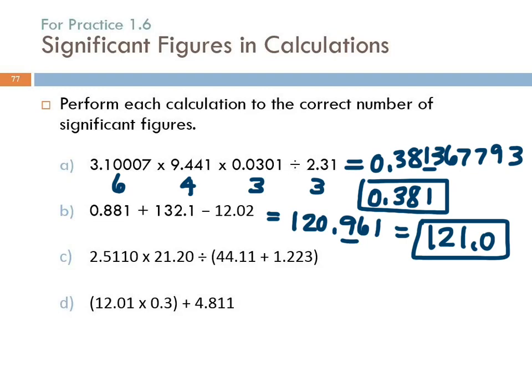So the last two here have mixed operations. 2.5110 times 21.20 divided by the quantity 44.11 plus 1.223. Okay. So the 0.881, that would be 3 significant figures, right? Right. So why wouldn't the 120 be the 3? That's a good question. This number only has 3 sig figs, and so how can our answer have 4?